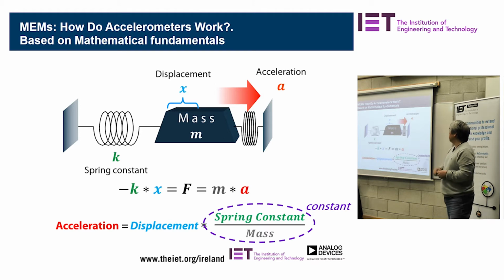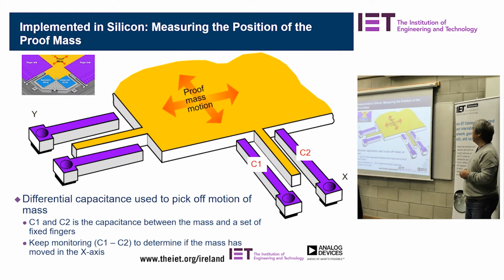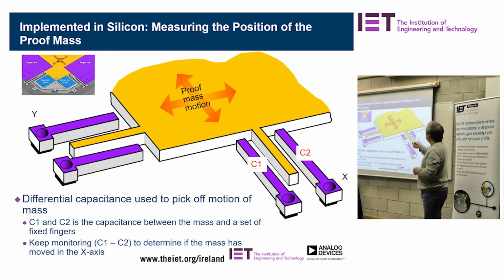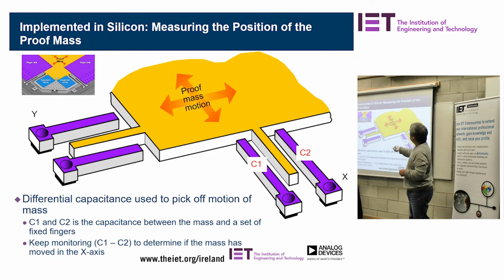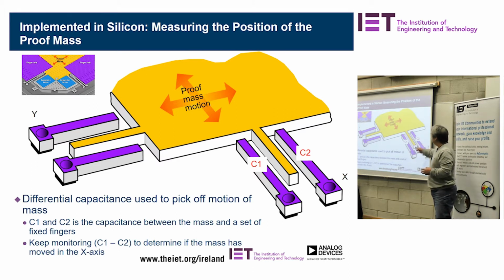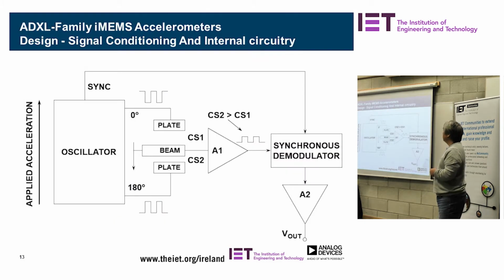Okay, so how does it work in theory? Here's the silicon inside the chip that is suspended and gets moved around. This part is a snapshot of these finger beams. The yellow part is the proof mass, and all these purple ones are those finger beams, they're sensors. When you move along the dependent axis, it gets picked up by those axes, and it senses the differential. Here's how the circuitry works.